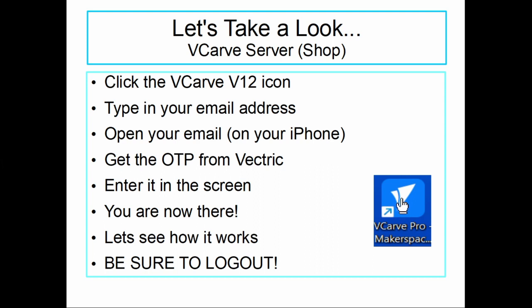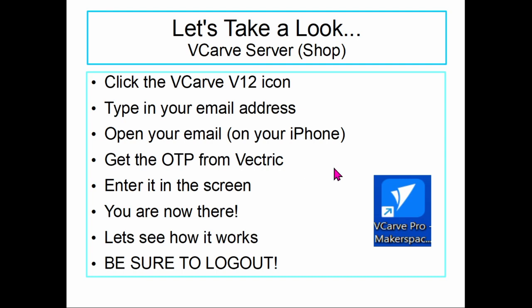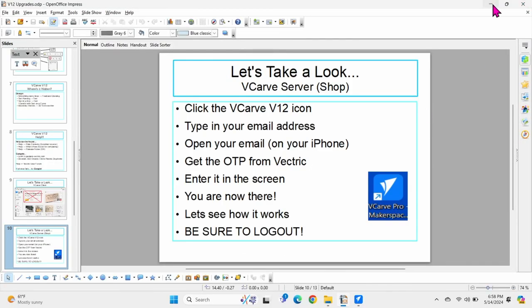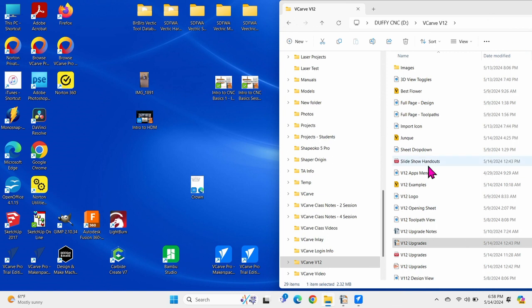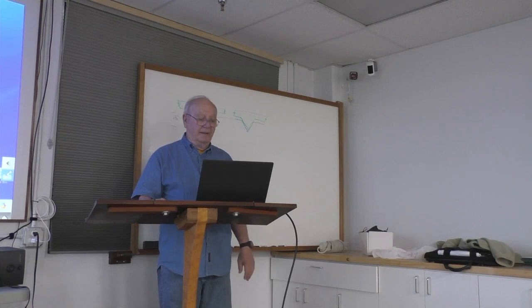So by then it's expired. Yeah, that's right. The instruction says open on your iPhone. Yeah, that will work. Or you open your email on your iPhone. What if you're on an iPhone? Well, you have to buy one for $1,000.